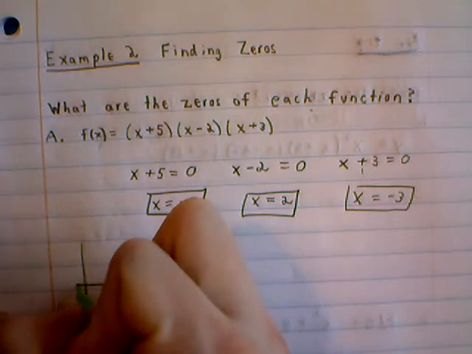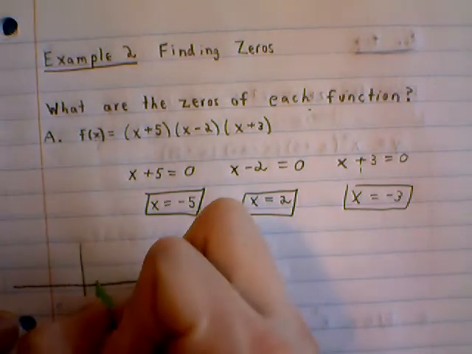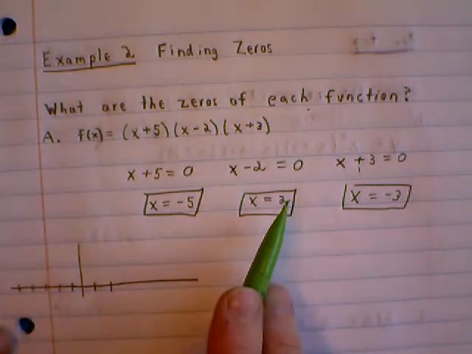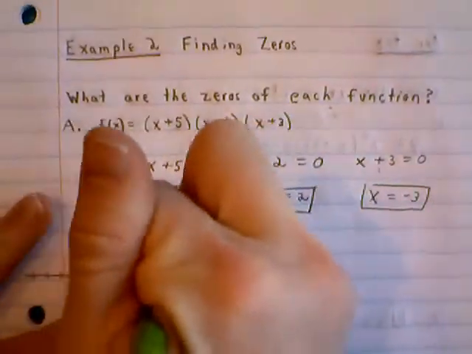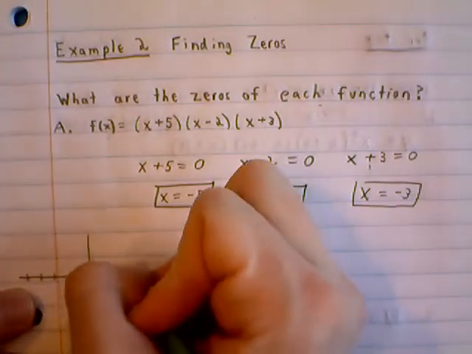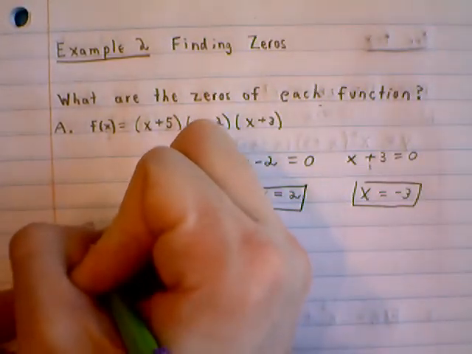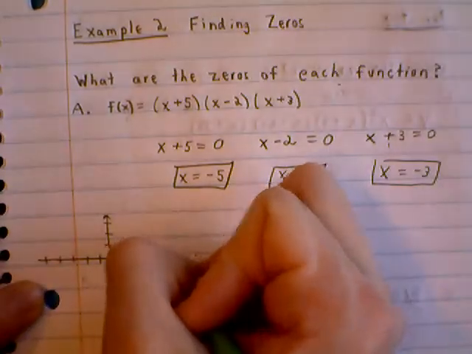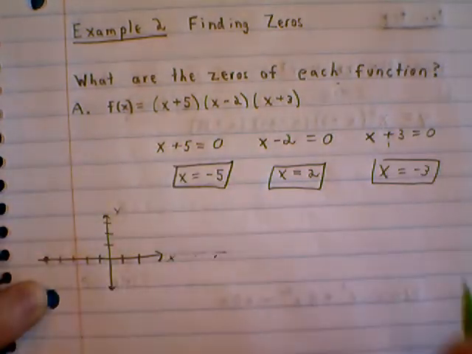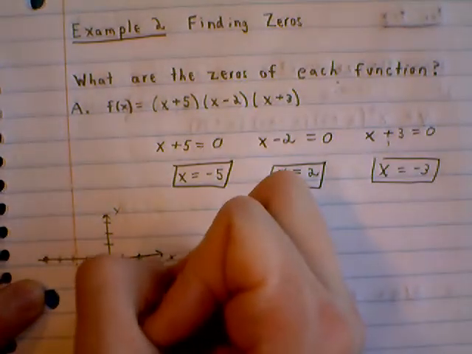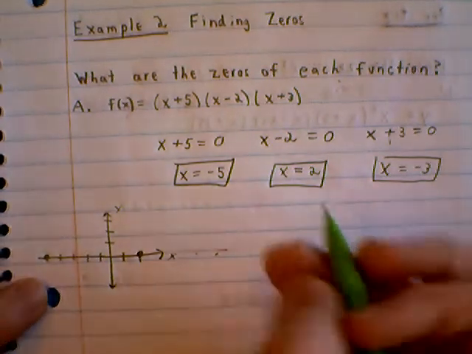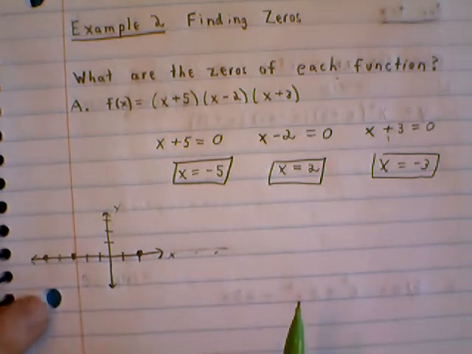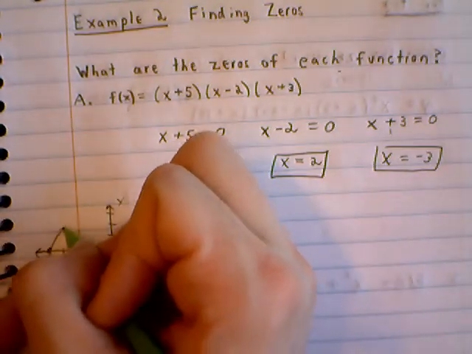So you know what this means? If we were to graph this function, this function crosses the x-axis at negative 5, 2, and negative 3. If we were to put it in a graphing calculator, we would have something like this.